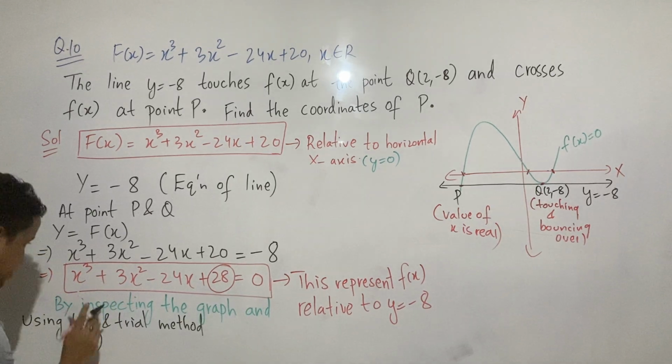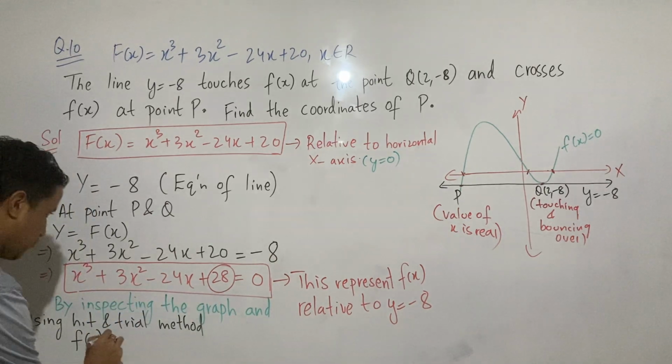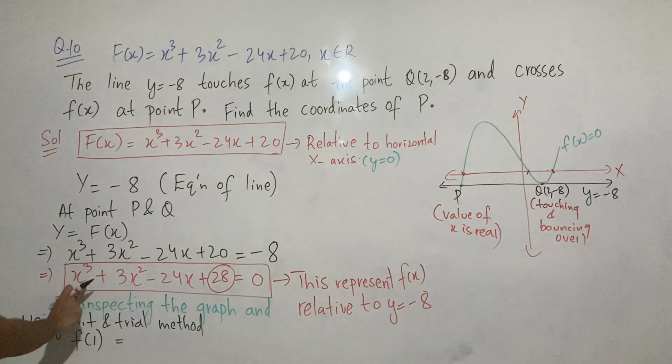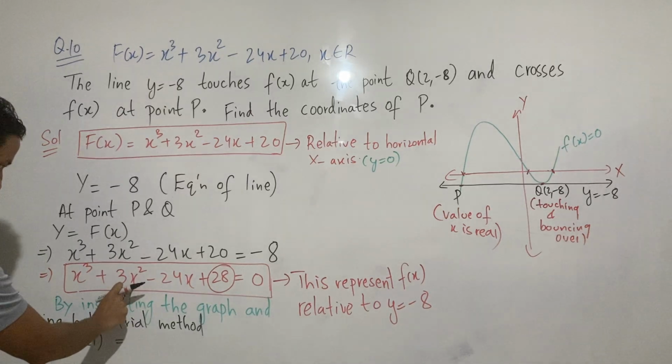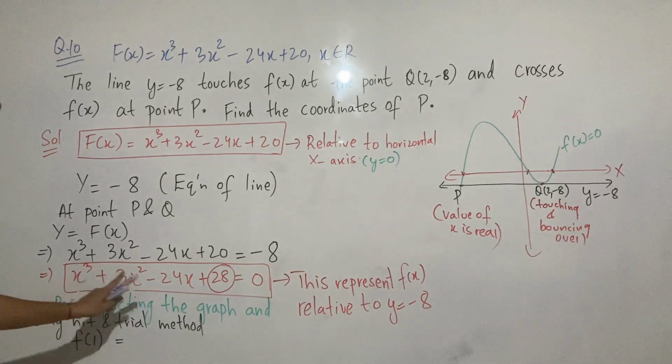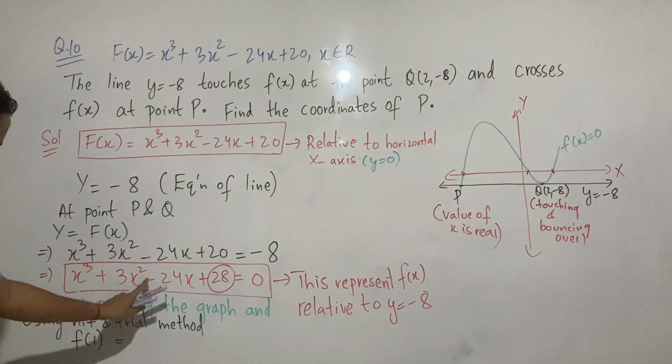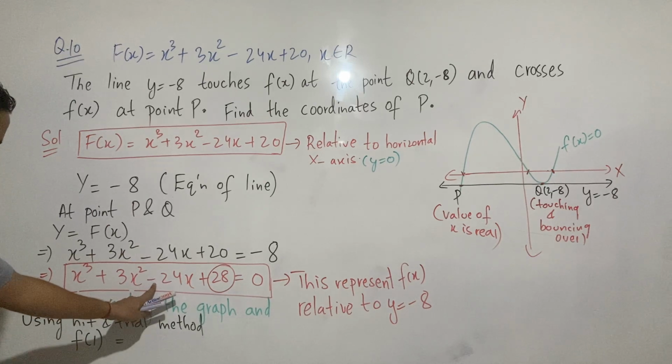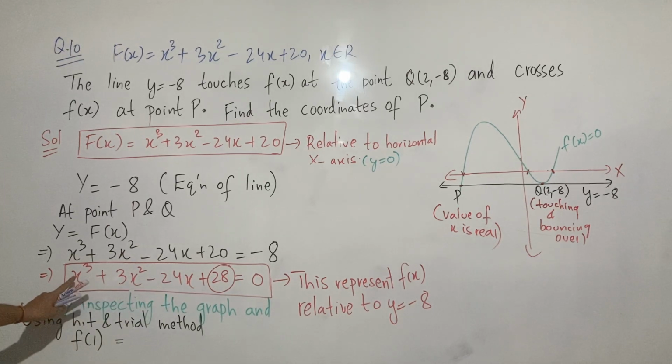Okay, if this is f(x), then f of 1 will be 1 plus 3, 4, and minus 24.